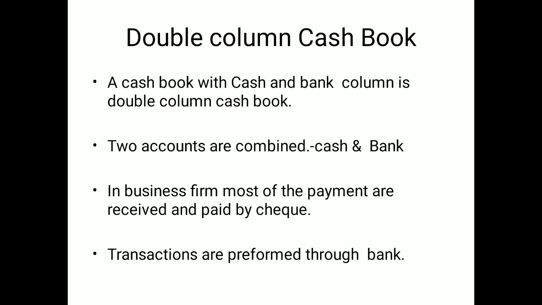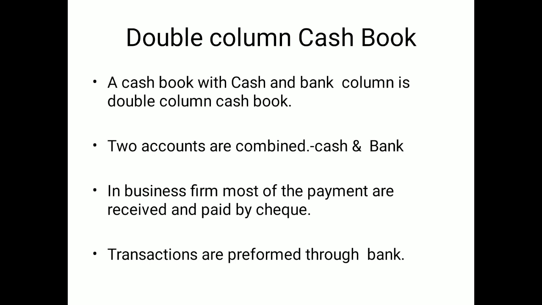It reflects that money is received less or paid less. But generally the double column cash book refers to two columns: one is the cash column and the second is the bank column. So the two accounts are combined here, called cash and bank, only when the double column is demanded.